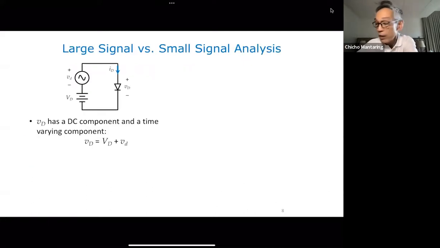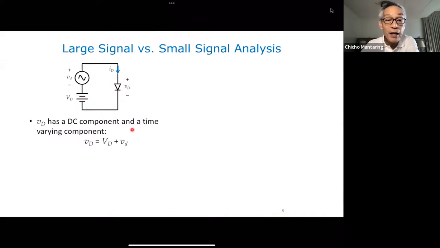So for example, this is a diode. I apply a DC voltage in series with an AC source. The total voltage across the diode, notice my subscript, small v capital D, will just be equal to this plus this.